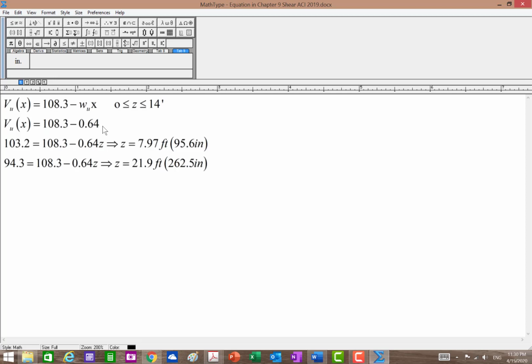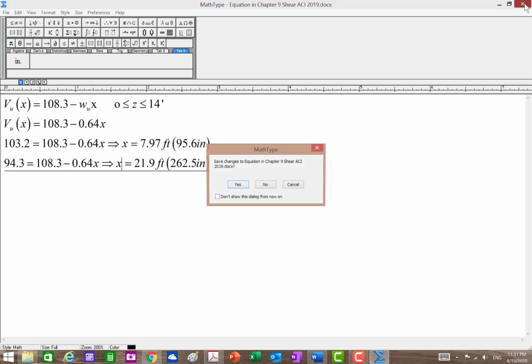It's not that it's wrong, it's just simply changing it to be consistent with other examples. So we use the same variable all the time. X is measured from the left side, and Z is when you do it from the other end of your shear design. So we got those there, so those are easy to change.